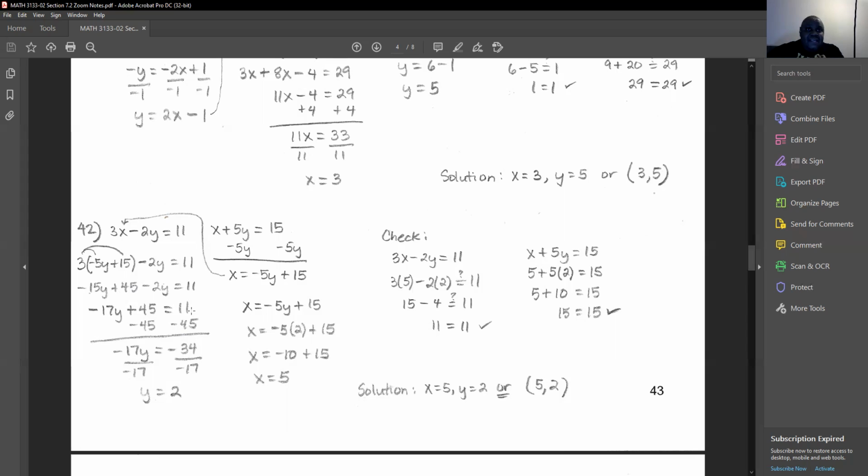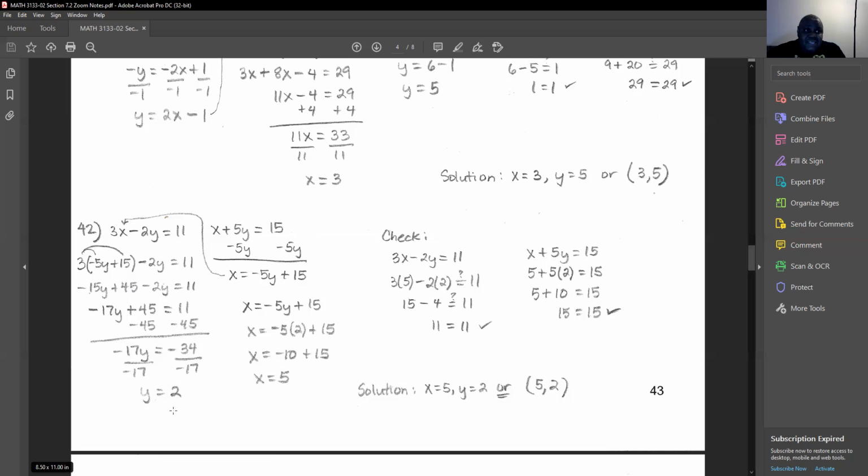Now to get negative 17y by itself, we're going to subtract 45 on both sides. That would give us negative 17y equal to negative 34. Divide both sides by negative 17, and you'll end up with y is equal to 2.